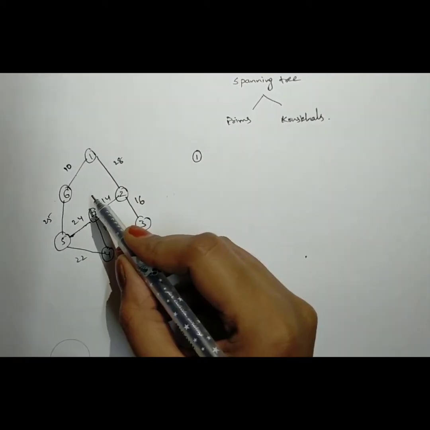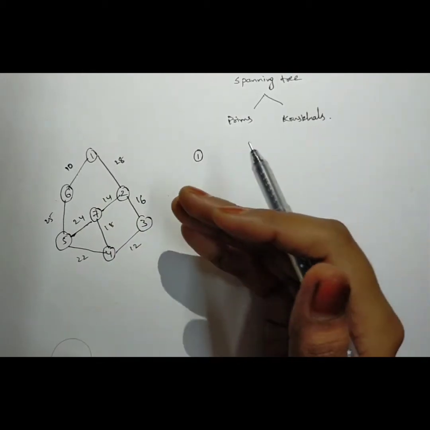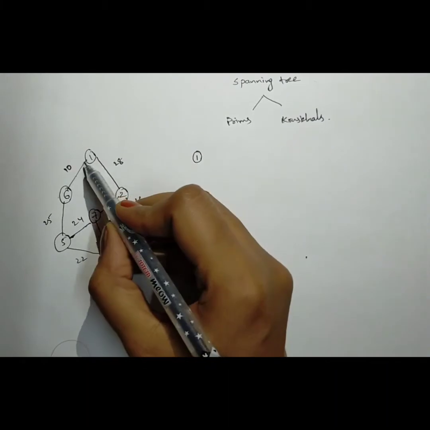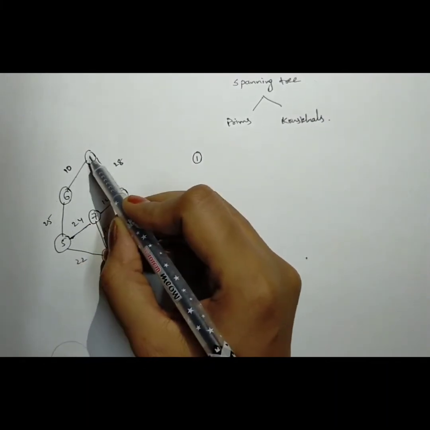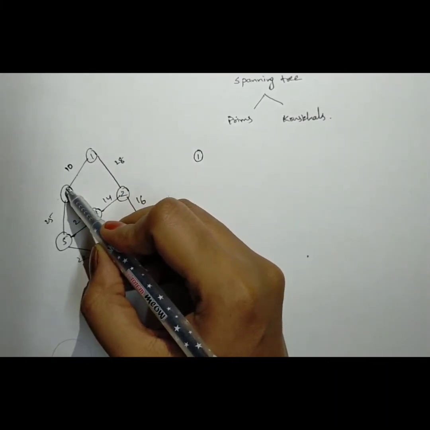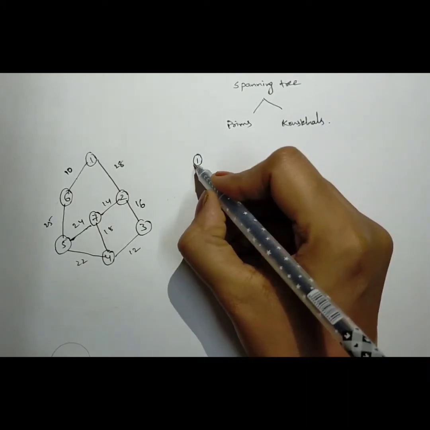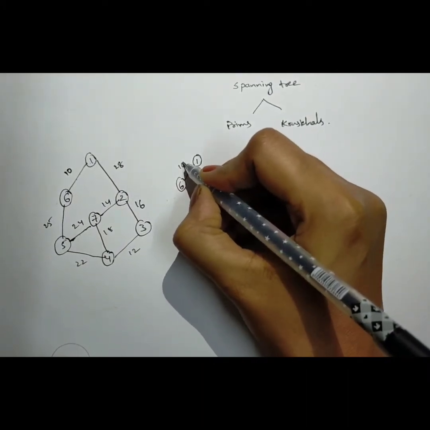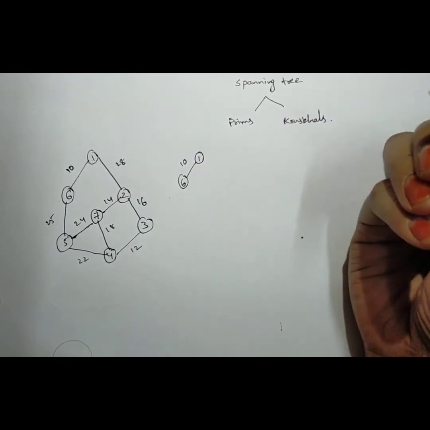Why? Because we are finding the solution for the minimum cost spanning tree, so I am choosing the shortest edge. From 1, the shortest edge is 1 to 6, weight is 10.